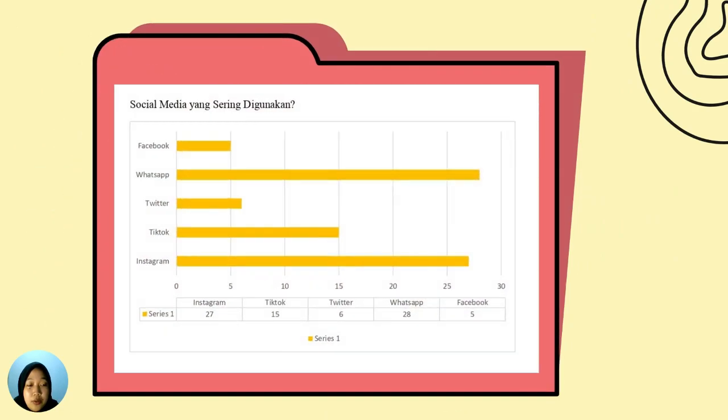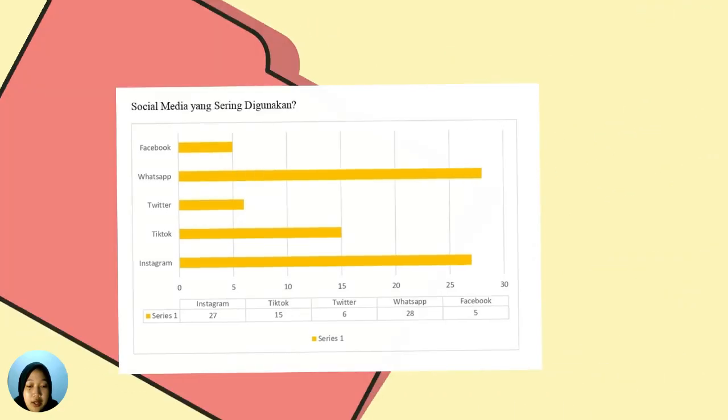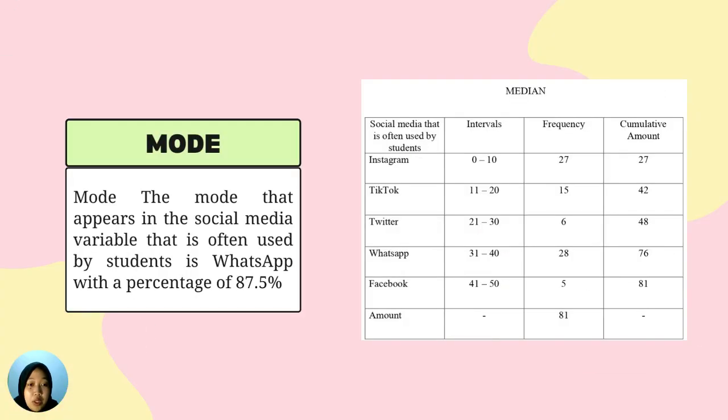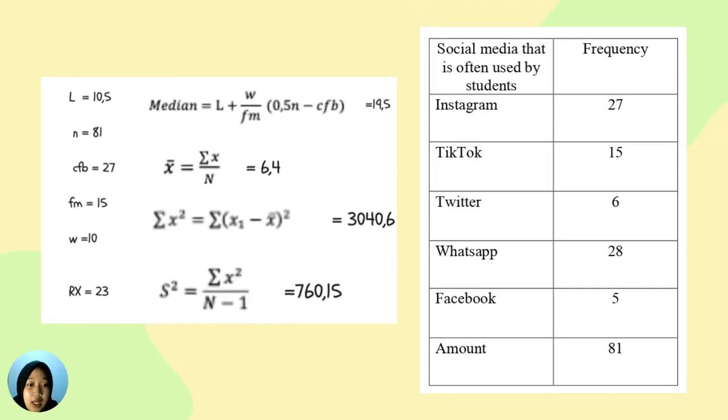Here we have the first graphic, and we can conclude the mode of the graphic appears in the social media variable that is often used by students, which is WhatsApp, with a percentage of 87.5%.